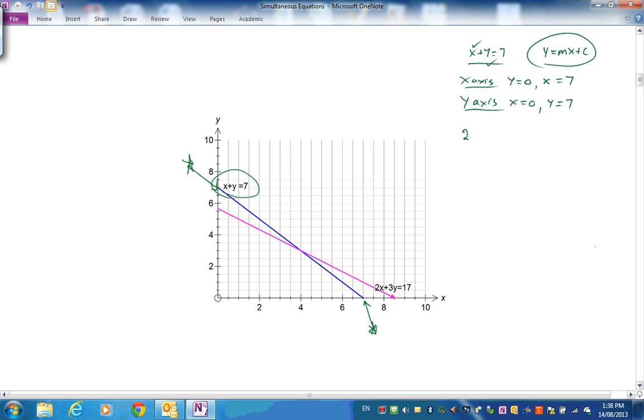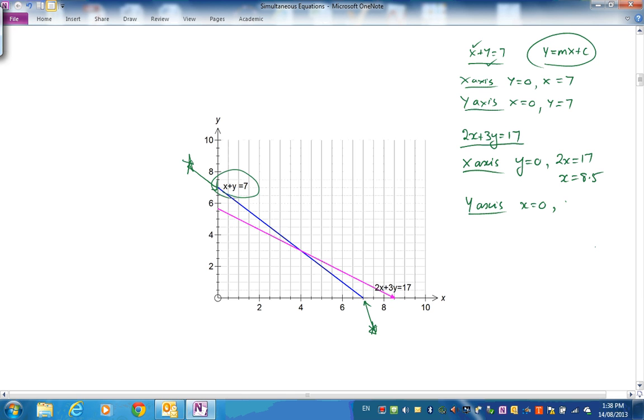Let's look at the other one now. 2x plus 3y equals 17. This line now cuts the x-axis when y is 0. So 2x would equal 17. X would be 17 over 2 or 8.5. Cuts the y-axis when x is 0.